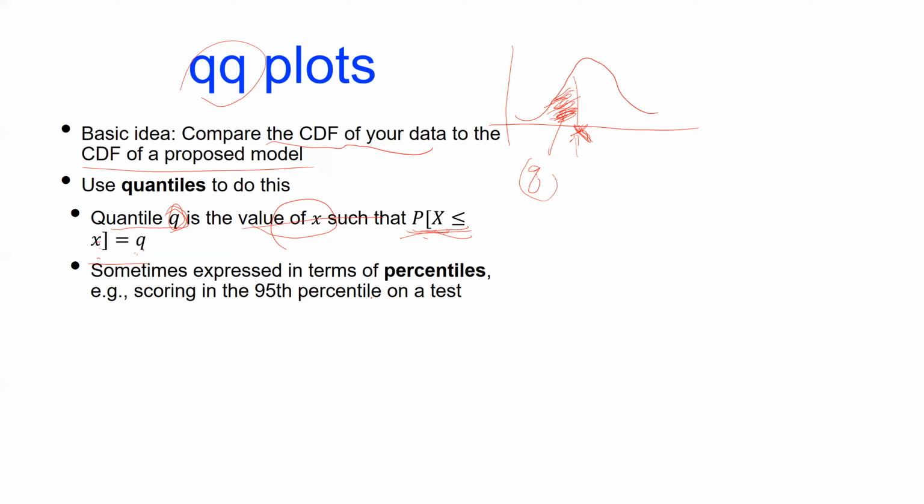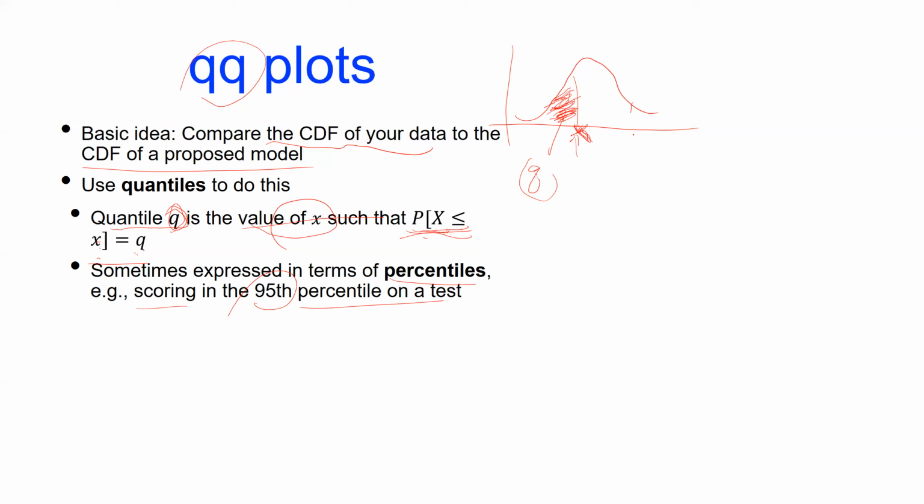I think the more friendly version of the quantile is the percentile. If you take a test, you always know that, right? Let's say you scored in the 95th percentile on a test. What does that mean? That means you achieved a score, and the people whose scores are smaller than yours make up 95 percent of the area.